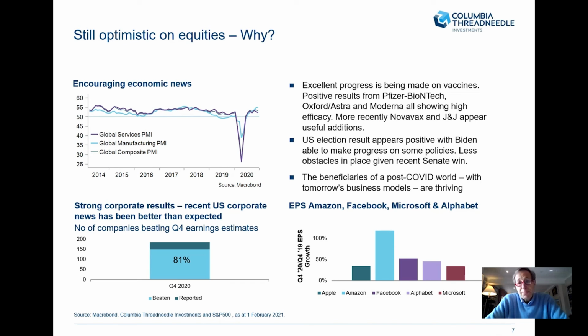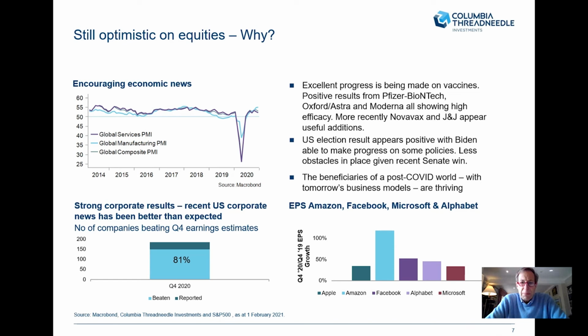And finally, at the bottom, those bars, just to make the point that although it is a tough world in the COVID environment, and lots of companies without doubt are suffering, there are also a lot of companies that are well placed to benefit from it. And this is some of them. People with tomorrow's technology benefiting from the acceleration of trends from COVID are seeing some very impressive growth.